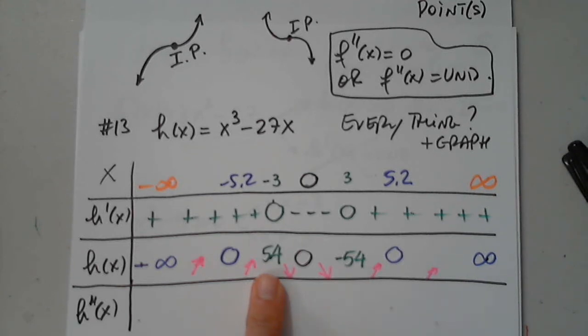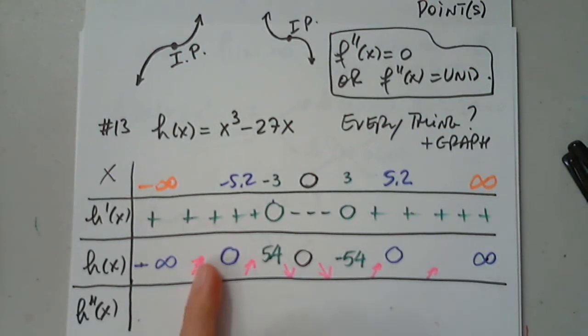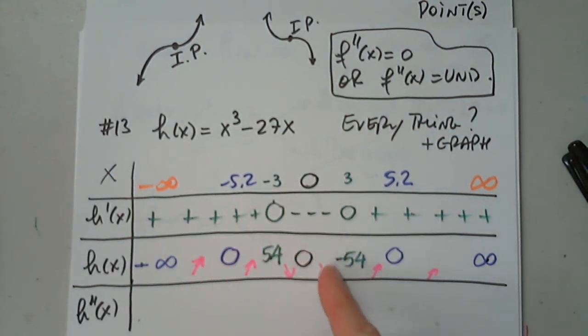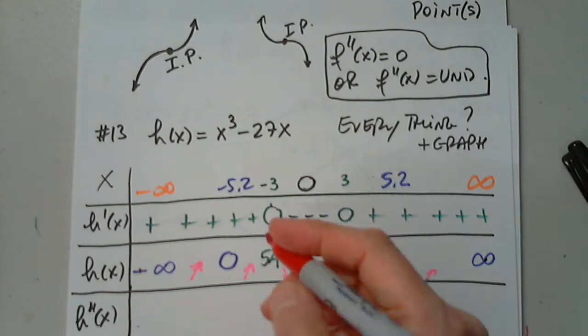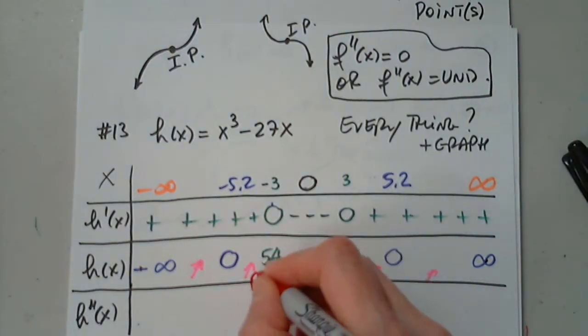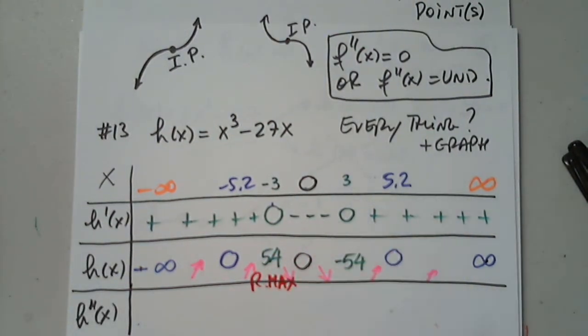Anyone? Could you repeat that first? Max. Yes, because it's positive and then negative. So this one has to be a local or relative, whatever you like, max.